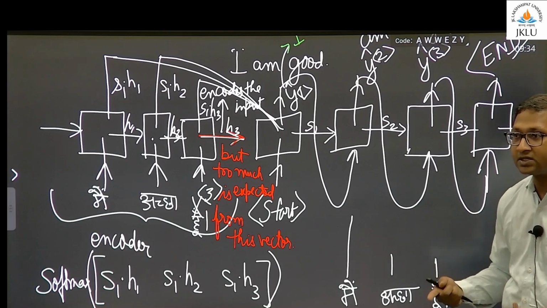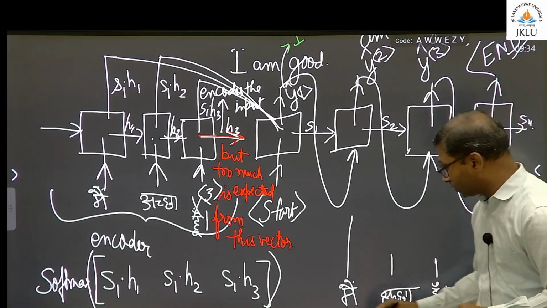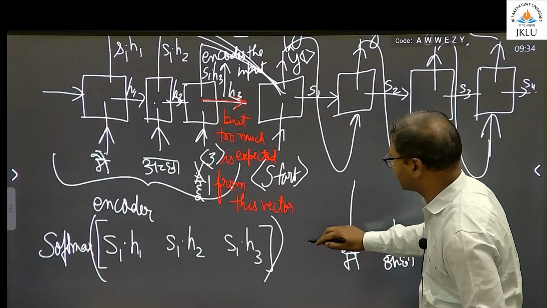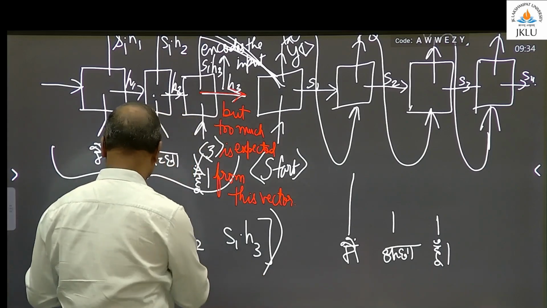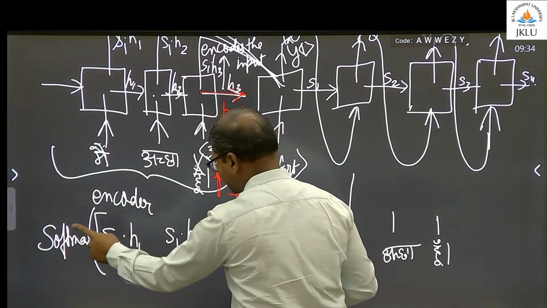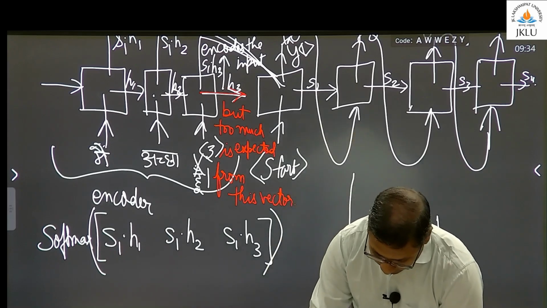Now what do I do last? How do I make use of this information? So I make a next vector. Do I have these? So for notation, now let me go there.